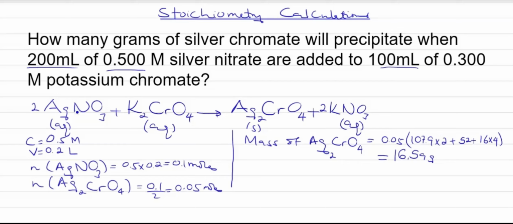And the next thing you do is just find the number of moles using the concept C equals N over V, where N is the number of moles.